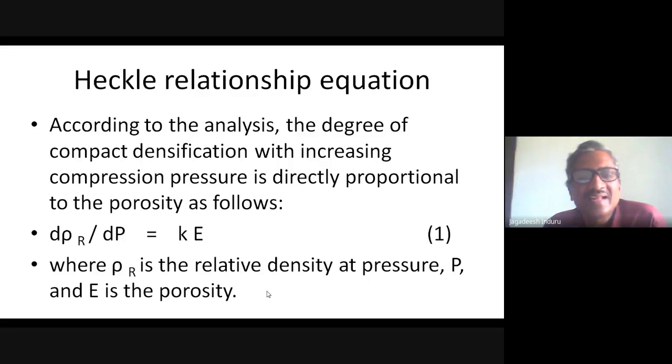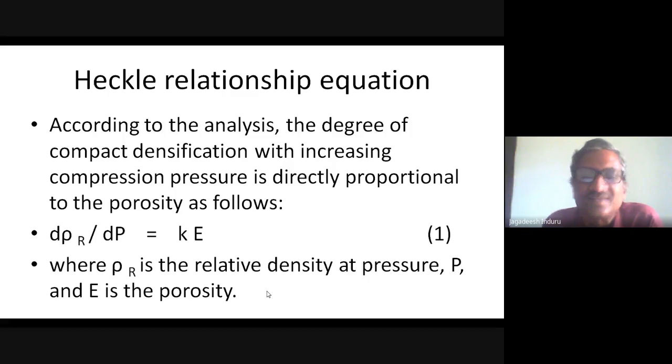If you have less porosity, it is approaching 1. If your bulk density is approaching the true density, then your porosity is 0. The percent porosity is going to be 0. Generally, in the practical this year you got around 60% porosity, because the material is porous in nature, and it is going to have a reduction in volume also.